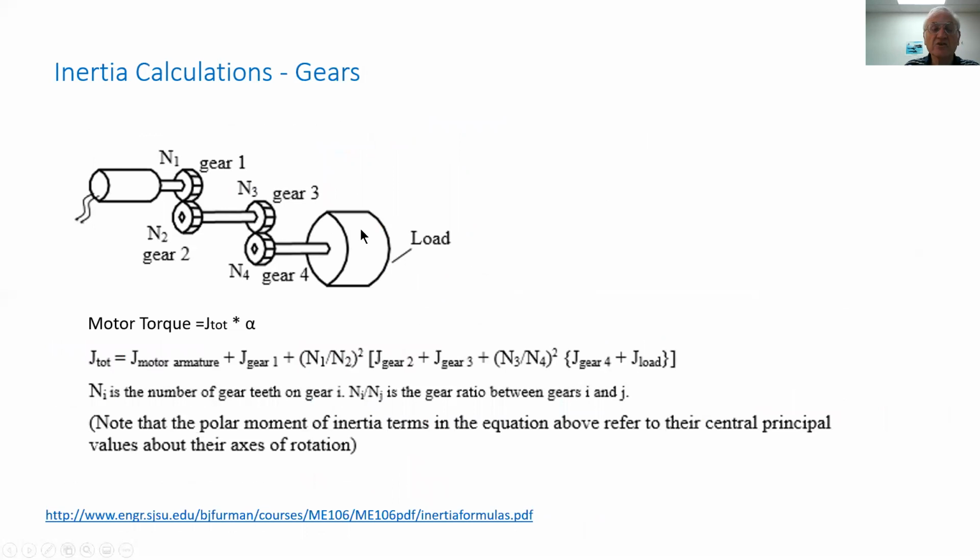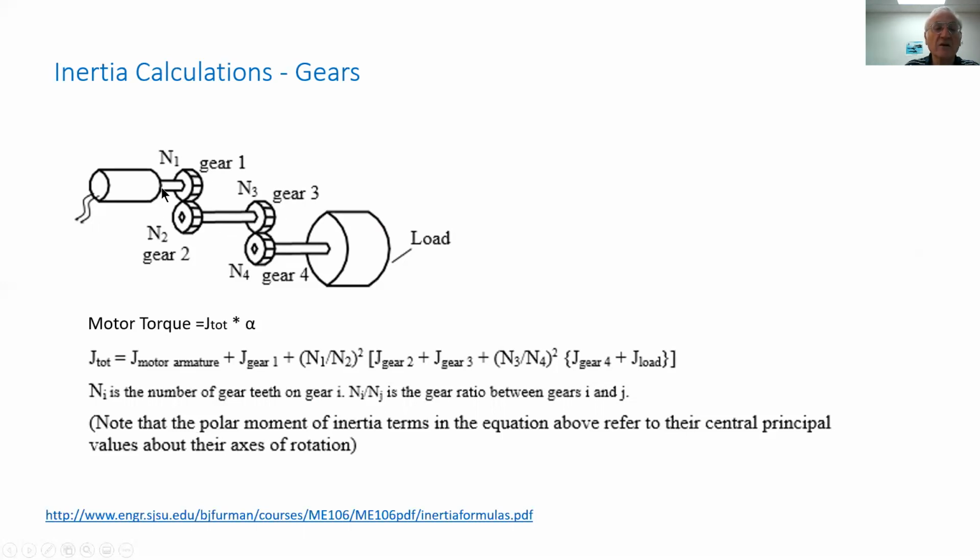The example over here shows us a more complicated situation where we have a load with a gear train. So for the reflected inertia of this whole system, we take the load and we add to it the inertia of gear N. Then the equivalent inertia, reflected inertia on this shaft, is this sum of them times the number of teeth of gear 3 divided by the number of teeth of gear 4, squared, and then we add to it the inertia of gear 3 plus the inertia of gear 2.